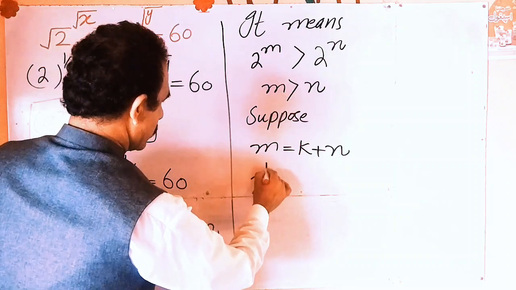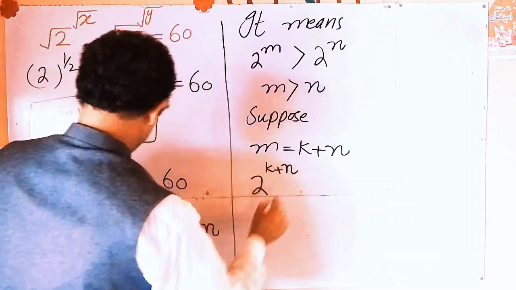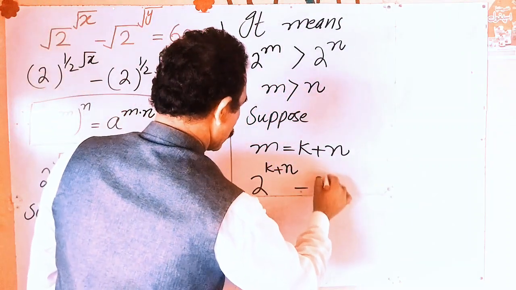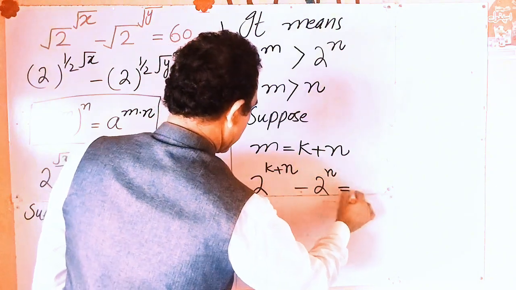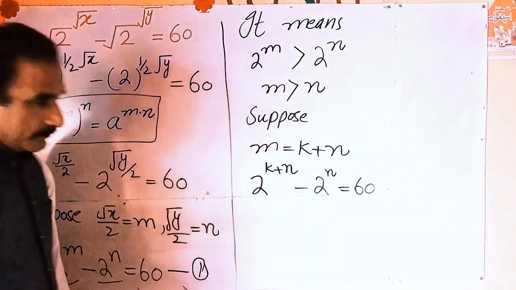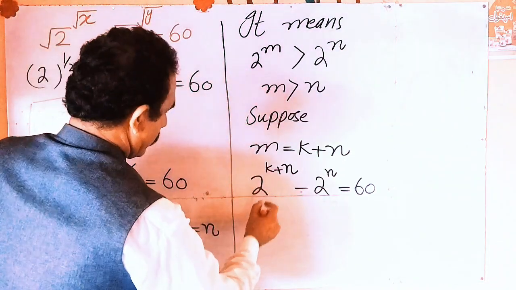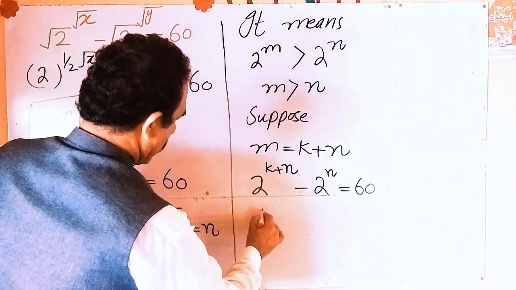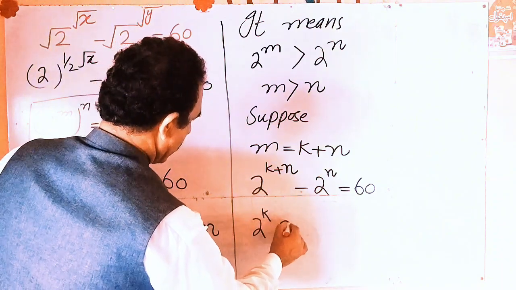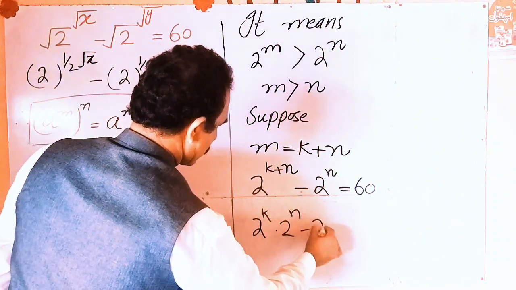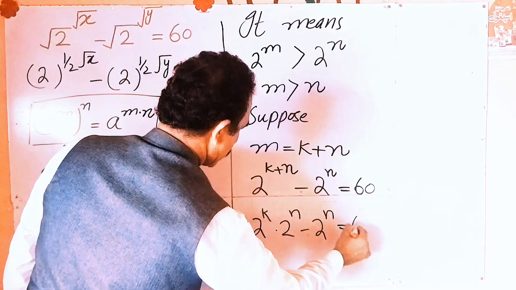Put the value of m in equation 1. 2 power k plus n minus 2 power n is equal to 60. Now we apply the formula: 2 power k times 2 power n minus 2 power n is equal to 60.